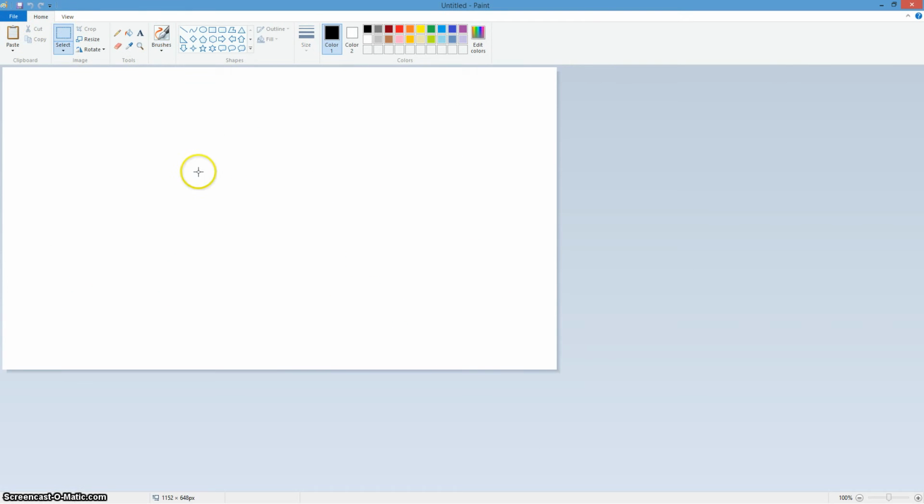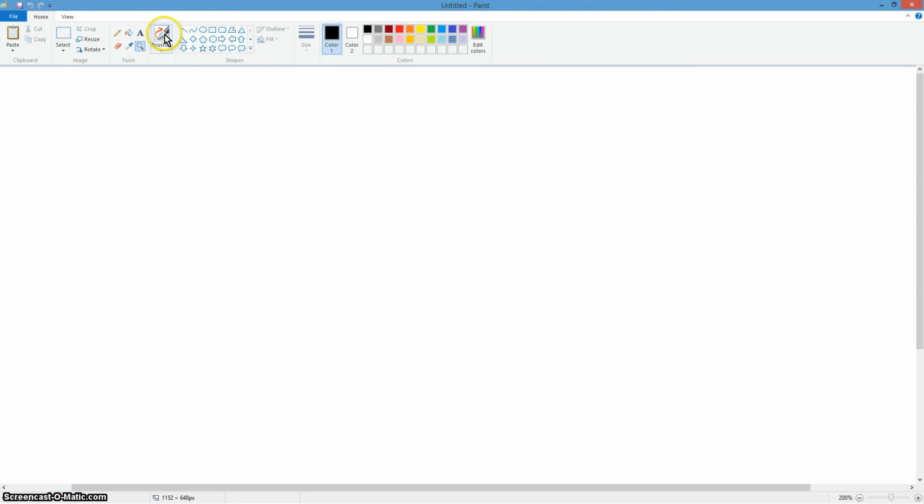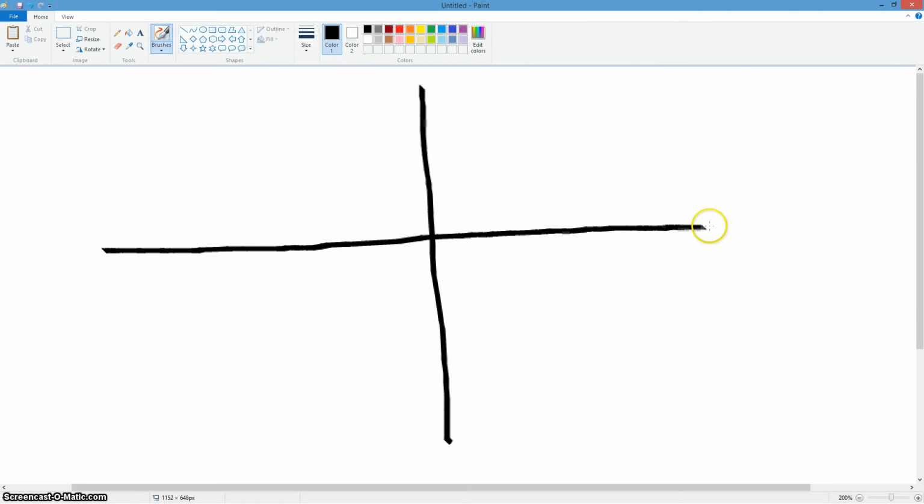All right. So I'm going to get an X and Y axis. It may be crooked, so I do apologize. We have a negative 1. So negative 1 is right here, 0 and 2.